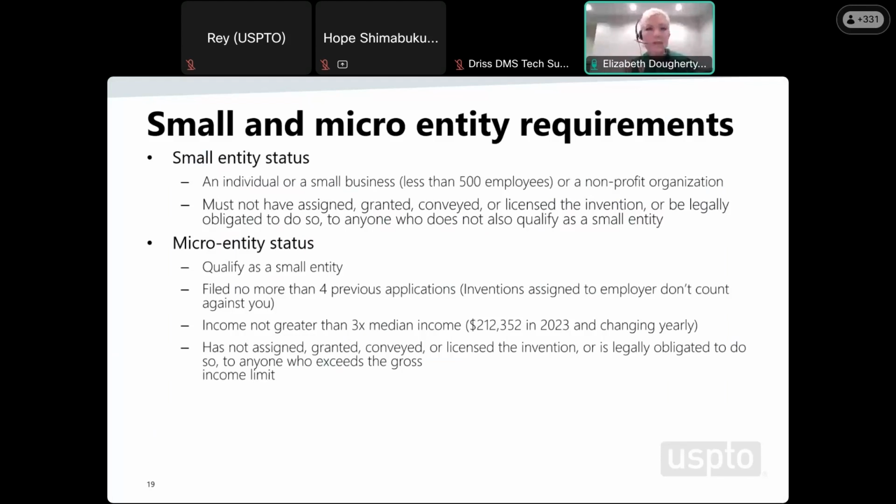An income, and this is what I failed to mention earlier, an income not greater than 3 times the median income, and you have not assigned, granted, conveyed, or licensed the invention or been legally obligated to anyone who exceeds the gross income limit.